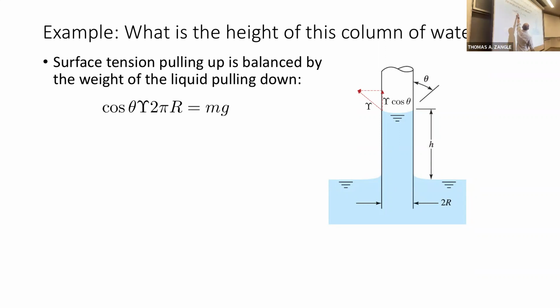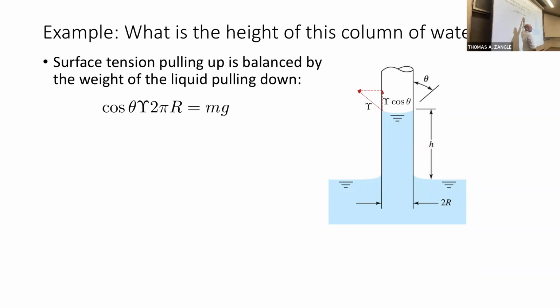We multiply that by the circumference of the circle around which that force is acting. The water column is being held up by this ring of force at the edge of the cylinder.